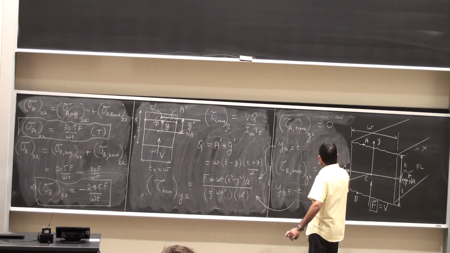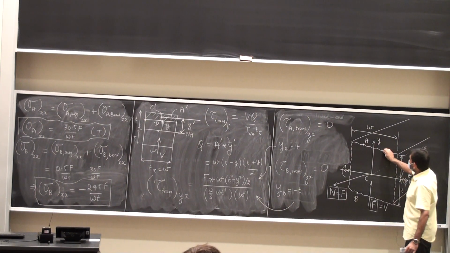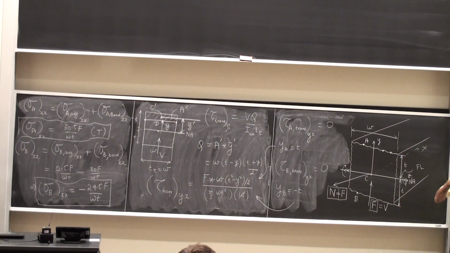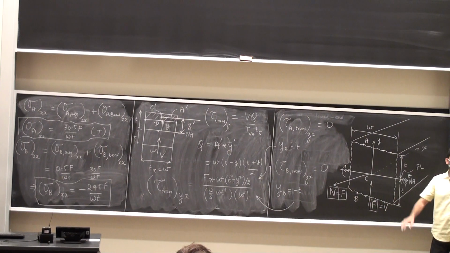This is fantastic. My stress is 0 at the top, 0 at the bottom, so I can choose any point at the top. My transverse shear stress is 0. Any point at the bottom of a cross section, my transverse shear stress is 0.